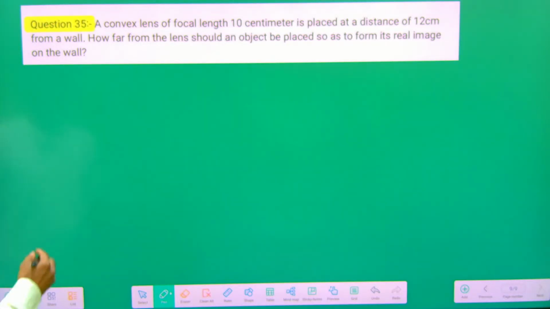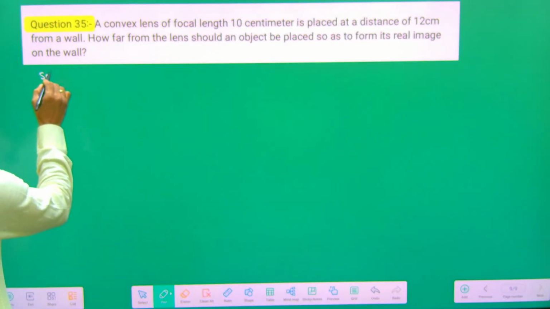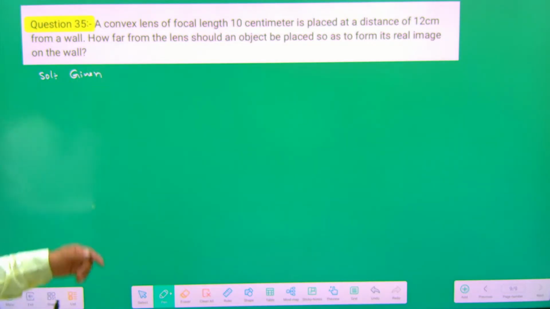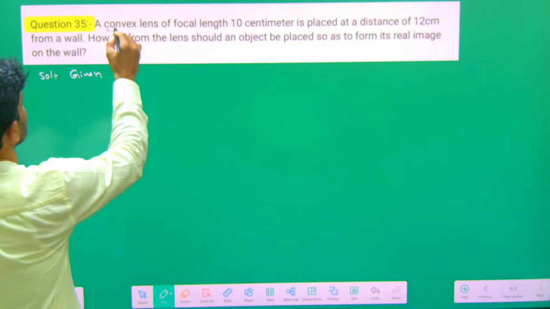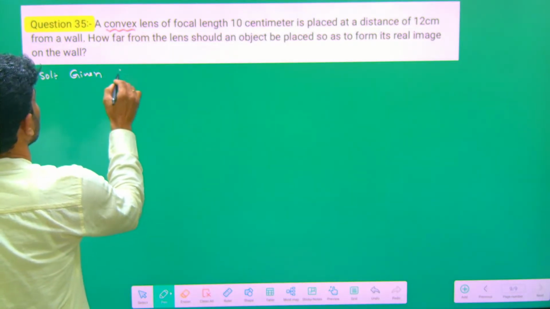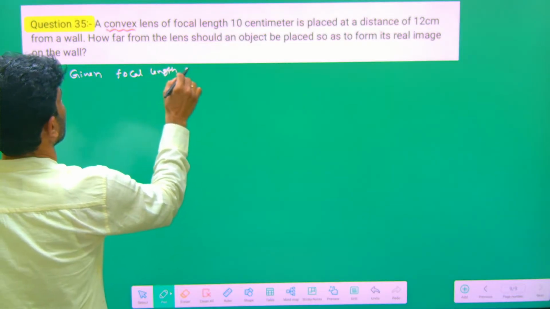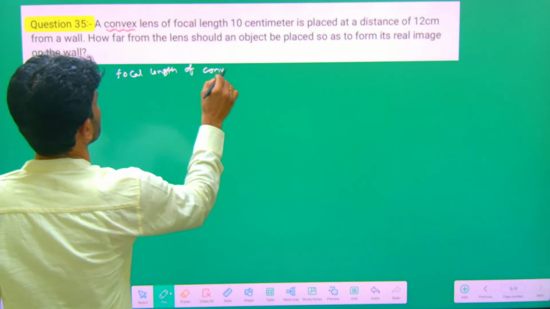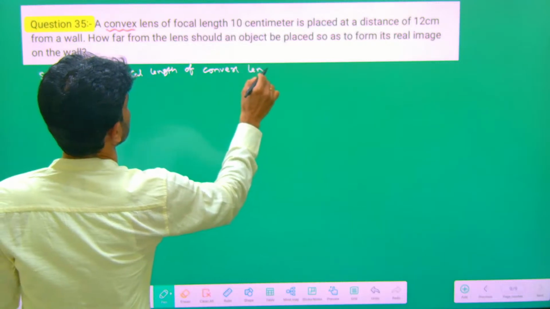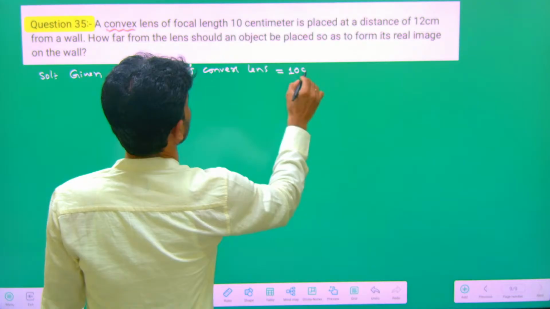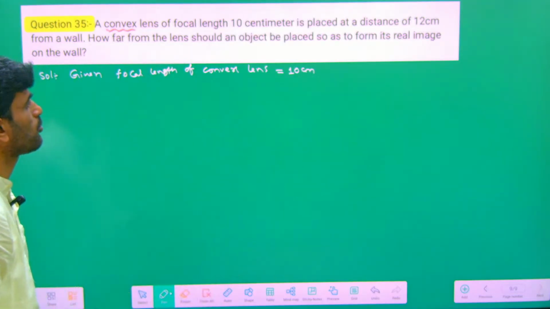So first, what is the given information? Given focal length of convex lens is equal to 10 centimeters. It should be taken positive because it is a convex lens. Positive you have to take.